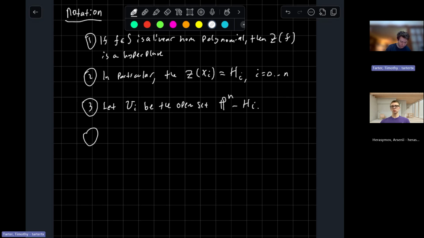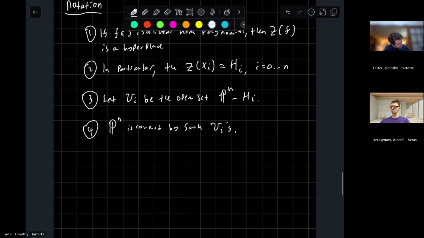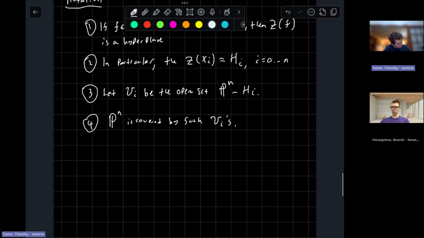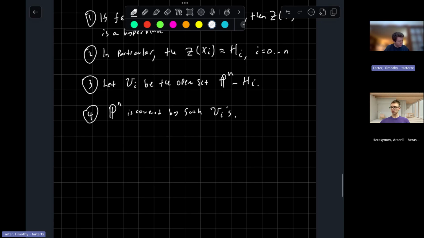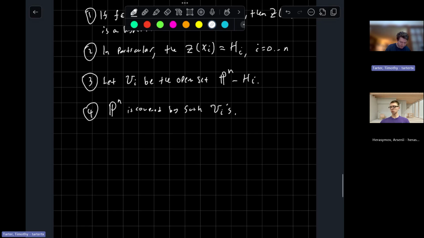So that works. And then P^n is covered by such U_i's. And then we're going to define a mapping.